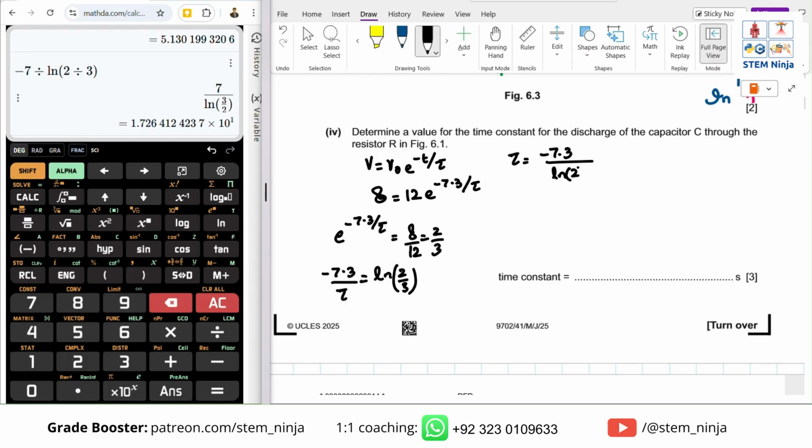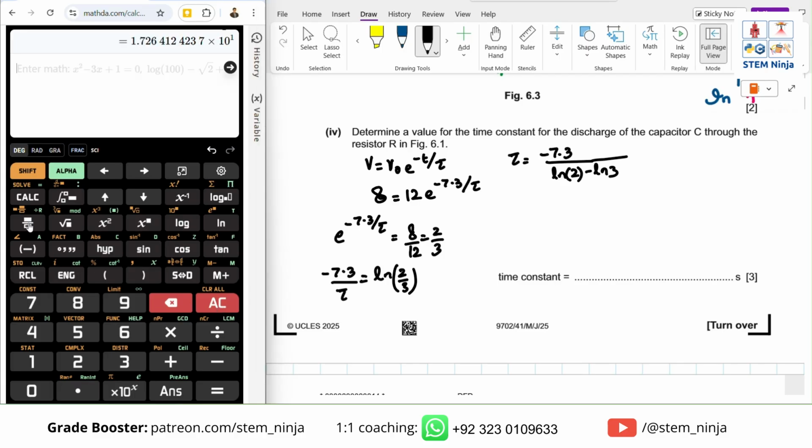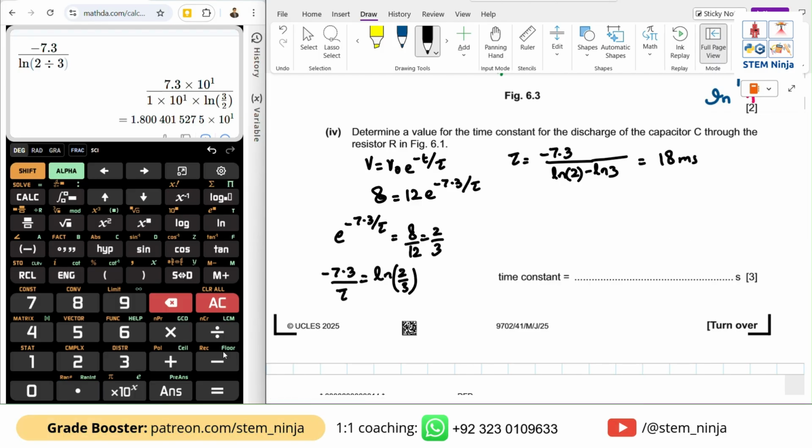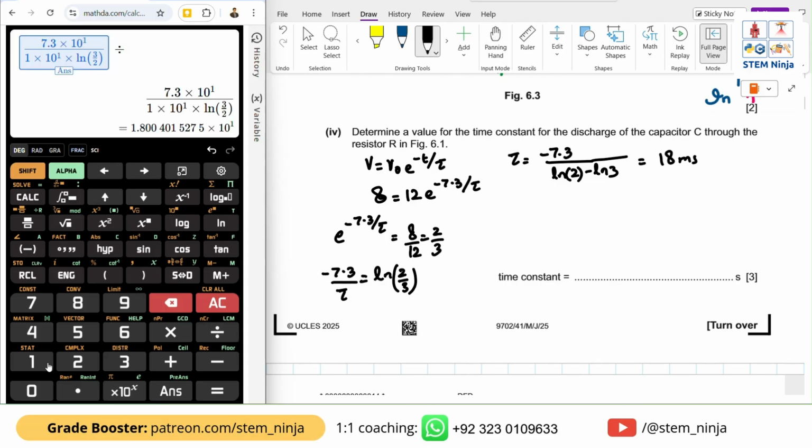It should be ln 2 minus ln 3 if you remember your rules for logarithms. So minus 7.3 divided by ln 2 over 3, we get 18. So this is 18 milliseconds. We need this in seconds, so we divide this by 1000.